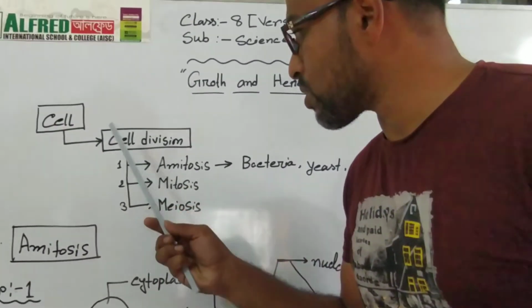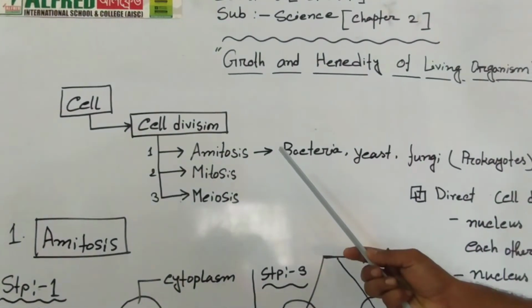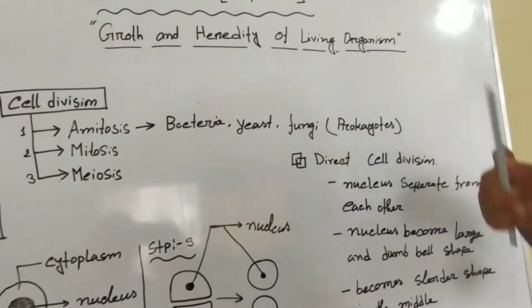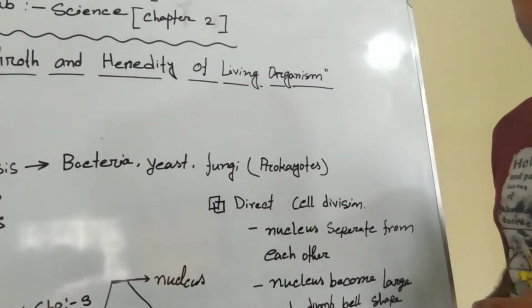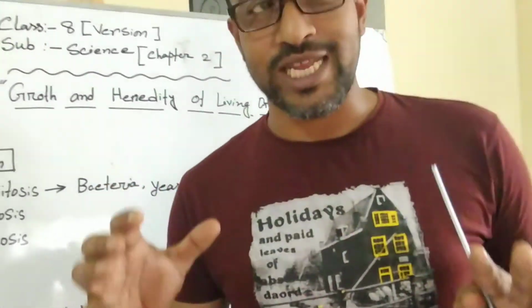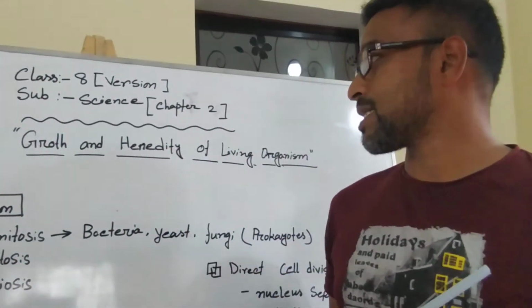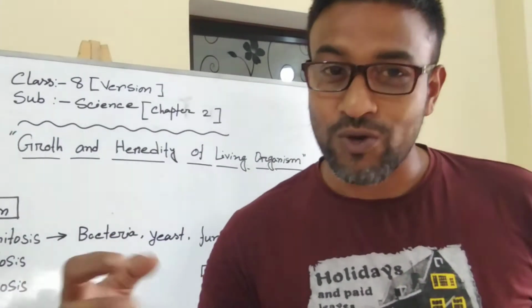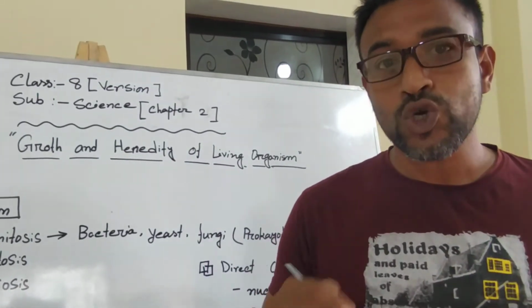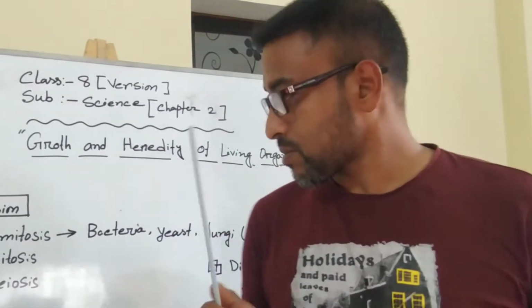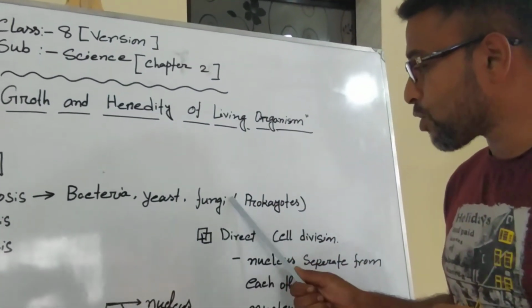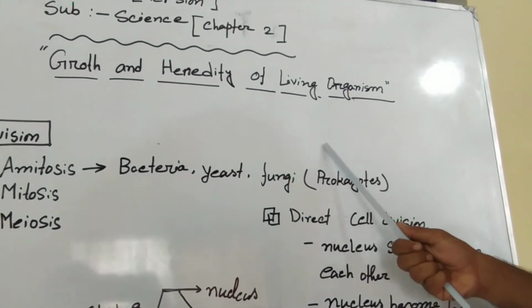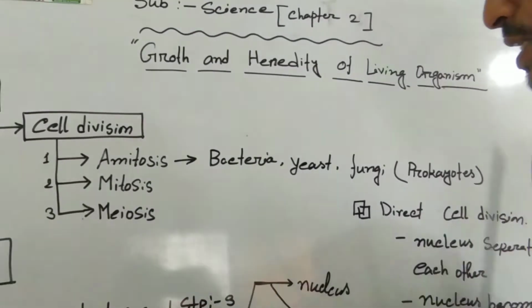Now we are going to discuss cell division. The first one, mitosis. The other name of mitosis is direct cell division. Okay, listen. You are at a very crucial stage in Class 8, very close to your board exam, so you should have a very good idea. Suppose if anybody asks you what sort of cell division happens in prokaryote organisms, you know that it is mitosis.